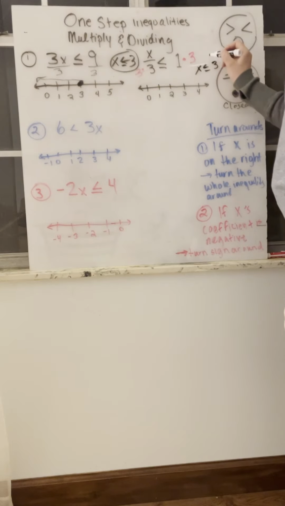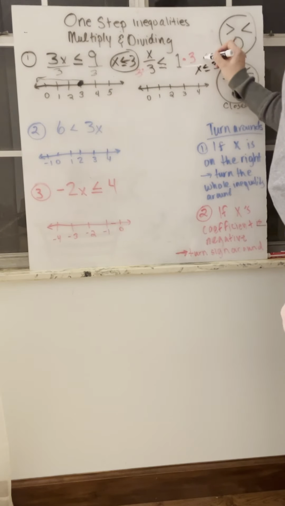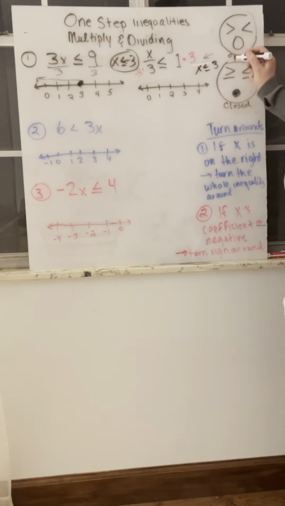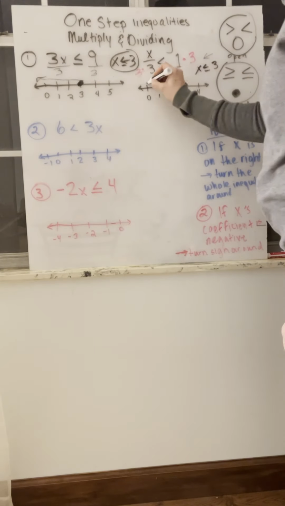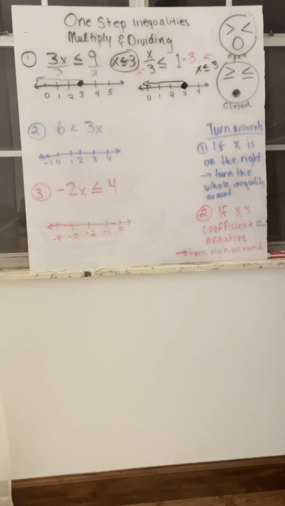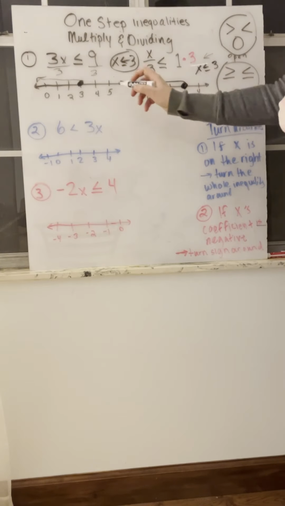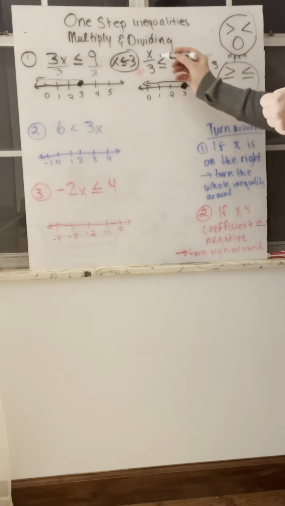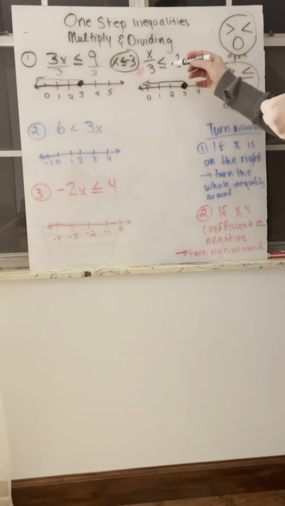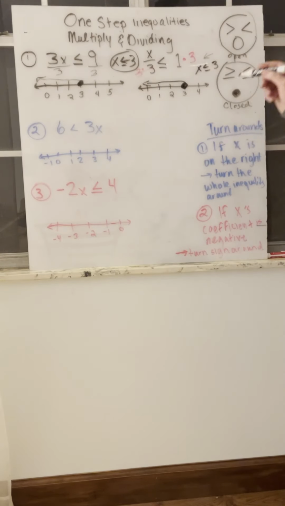Again, we make our arrow, pointing left, with a closed circle at 3. What that means is that all numbers 3 and less than 3 satisfy this, because any of these numbers, when divided by 3, are less than or equal to 1. That's a bit more of a complicated way of thinking about it, but for right now, just try to remember the rules.